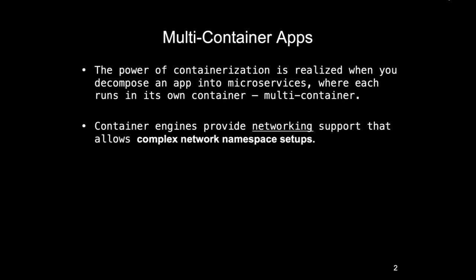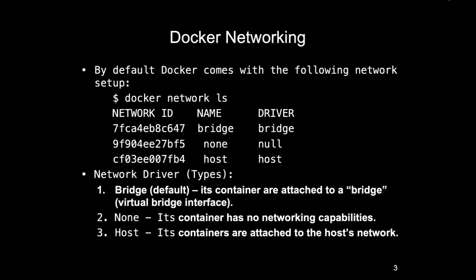That's fine, I've already kind of made that point. Out of the box, when you start up a Docker engine, it immediately creates some default networks, and there are three default networks that are created.